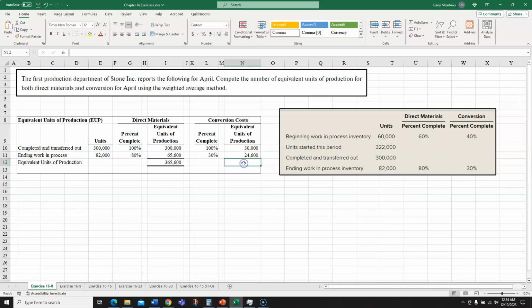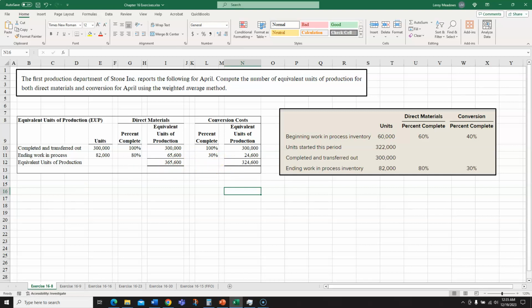So for my equivalent units of production for conversion, I'm going to add in my 300,000 and then my 24,600 to get 324,600. Okay, so that is the number of equivalent units of production using the weighted average method.